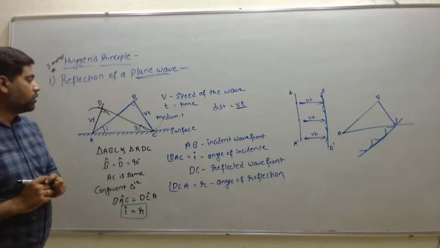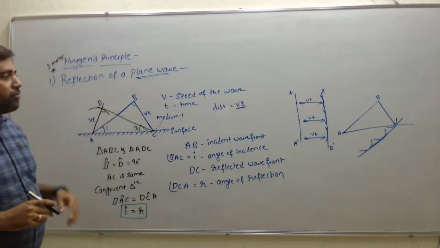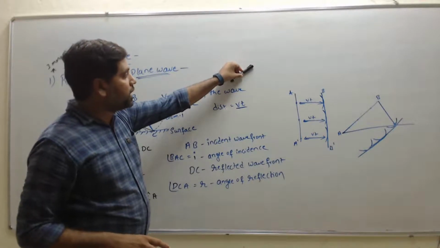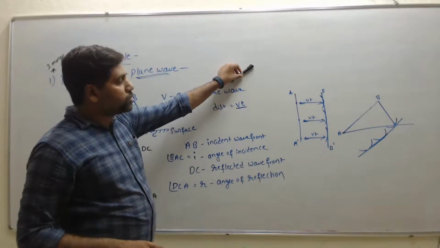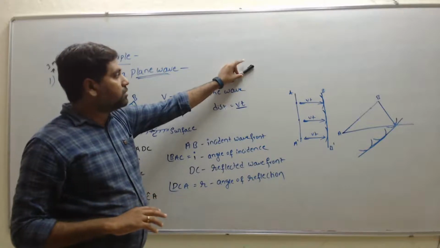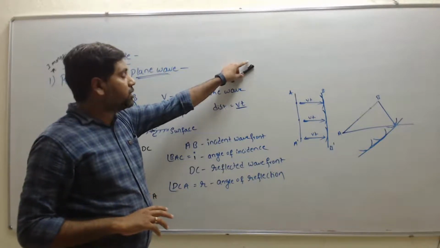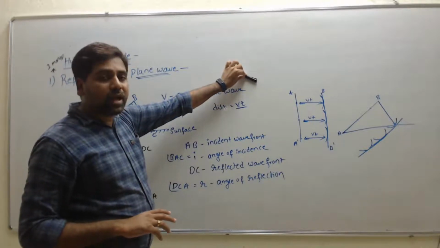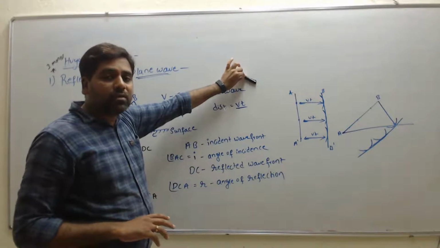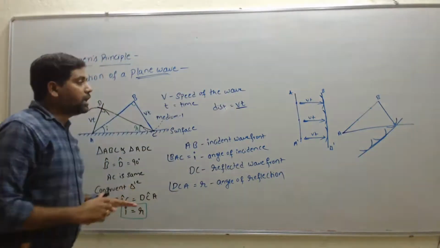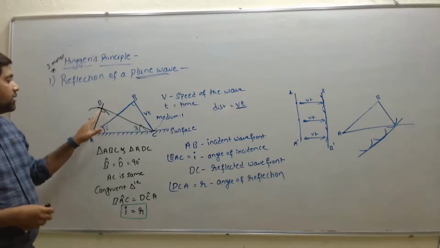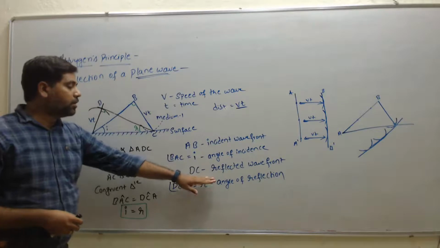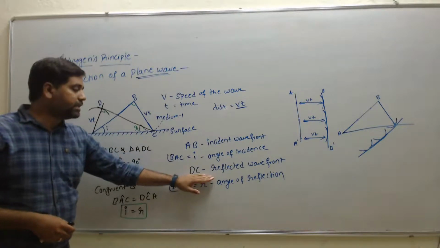So here we are considering one wavefront like this. It is incident onto the surface, and the first point A is incident first on the surface. Later, the point B travels the distance vt. Then the same A point is reflected back into the same medium over the distance v into t. Next, by constructing the wavefront DC using Huygens principle, we construct the reflected wavefront DC.